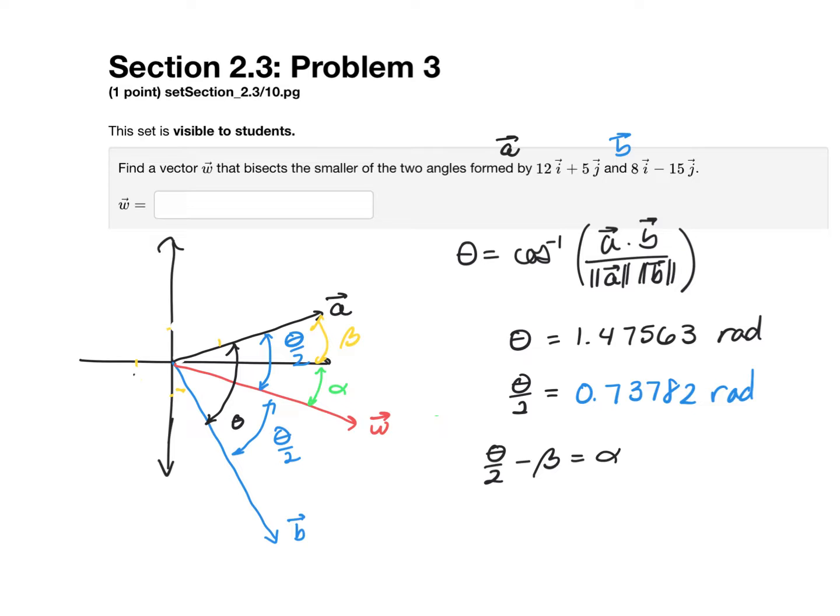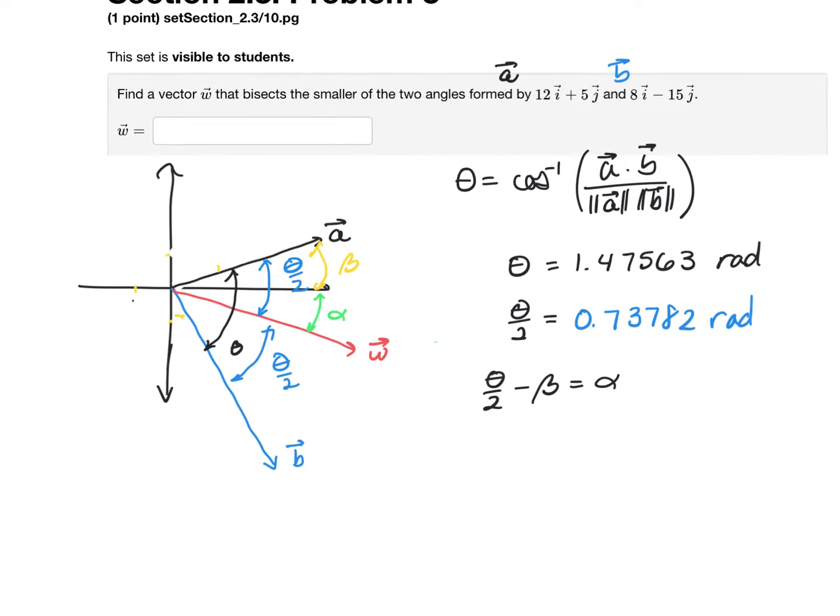All right. And I can just use the same formula I used up above. I'll call beta to be the cosine inverse of the vector A dotted with the unit vector in the x direction, which is just the vector 1, 0.